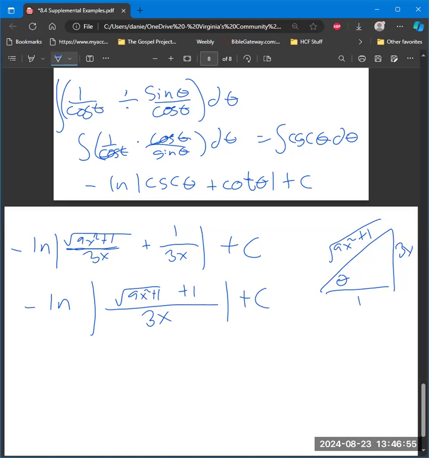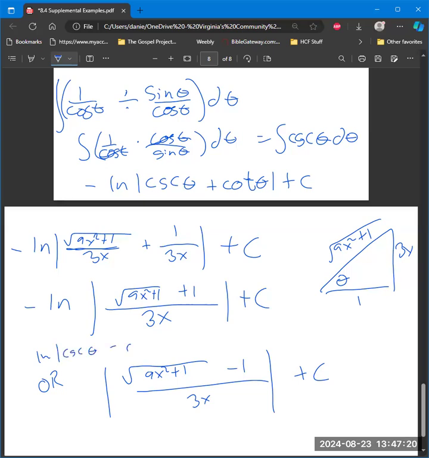I could also have written my answer as this if I had used the substitution of ln of cosecant theta minus cotangent of theta plus c.